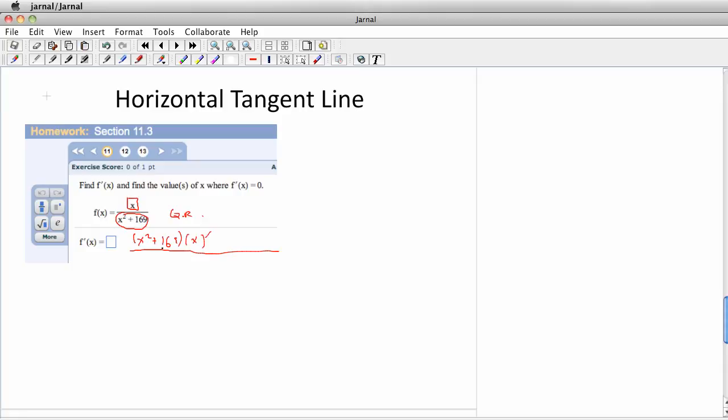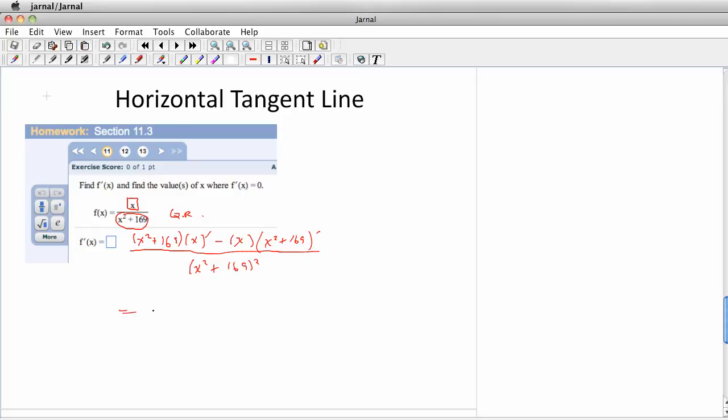Again, I'm not doing it, I'm just writing down that I'm going to do it. Minus the numerator times the derivative of the denominator. So again, I'm not going to do that, I'm just going to write down the derivative of the denominator. And then the denominator of the derivative will be the square of the original denominator.